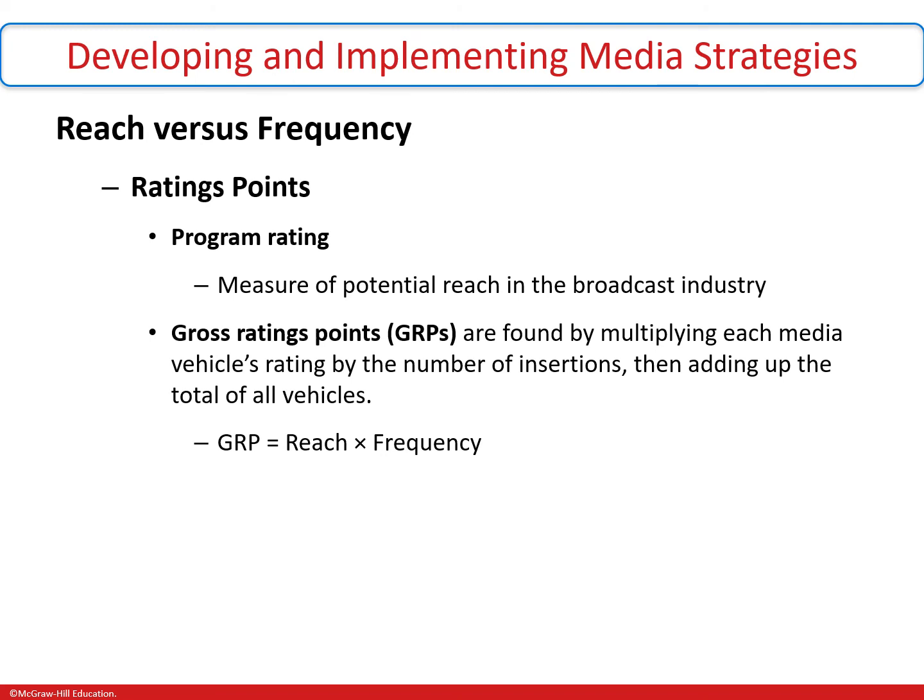One of the things we can do is to measure our gross rating points, which is literally multiplying each media vehicle's rating by the number of insertions, so reach multiplied by frequency, and then adding up the total of all vehicles in order to get your GRP. So reach multiplied by frequency for each, and then add them up.